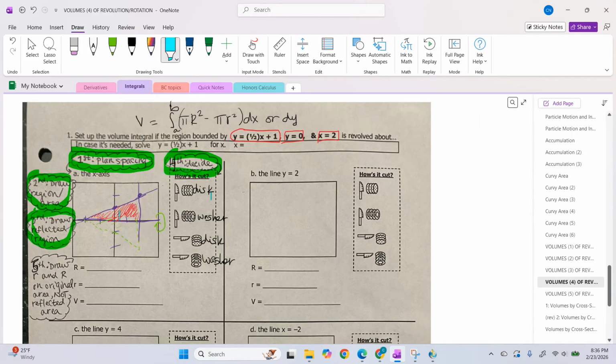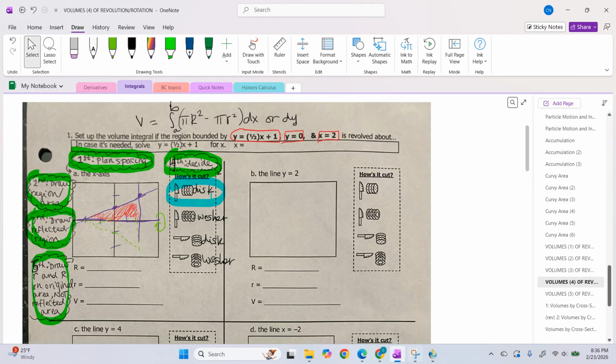Clearly if I chop this way, I'm going to be getting circles. So I'm going to be choosing this one. Okay, last step is to draw little r and big R, and then we're just going to go ahead and fill in the statements at the bottom. Remember, you connect little r and big R to the original area, not the reflected area.